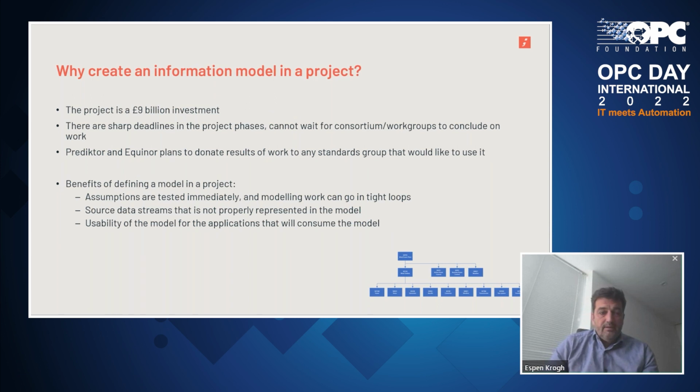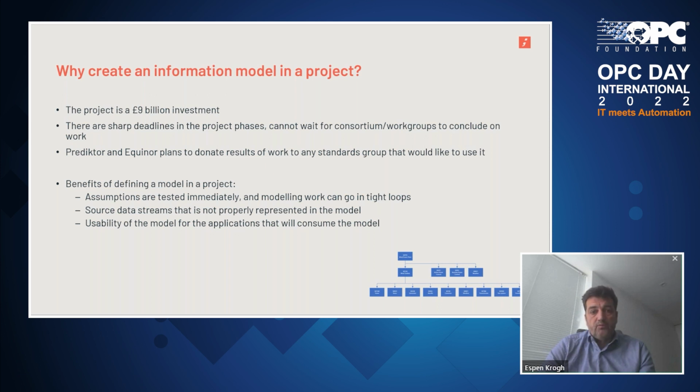Now, the Dogger Bank project is a 9 billion British pounds investment. This is a large project separated into various project phases. And the project phase right now is that all IT information structure is being set up and planned to be integrated with each other.